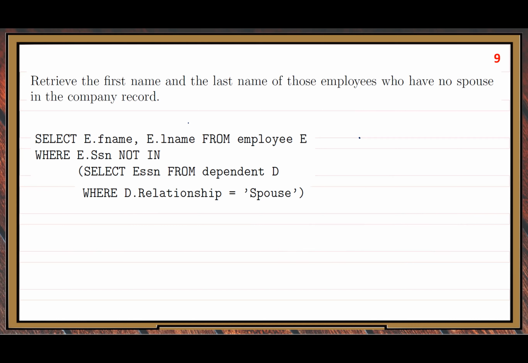In the inner query, we select ESSN. So we consider the table of those employees who have a spouse in the dependent table, and we get that whole list of all employees who have a spouse in the dependent table.